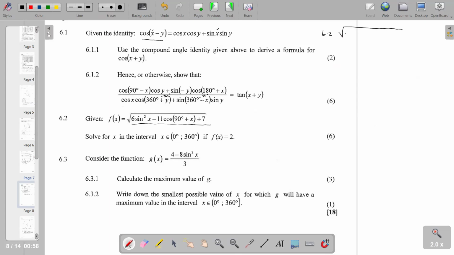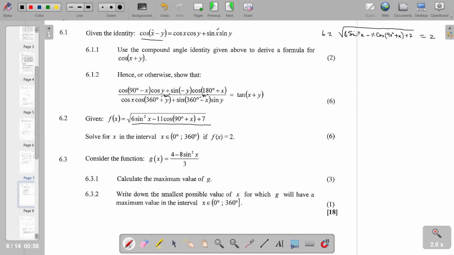So on 6.2, it's going to be the square root of 6 sine squared x minus 11 cos of 90 degrees plus x plus 7. That's our f of x, and we are told this is equal to 2.